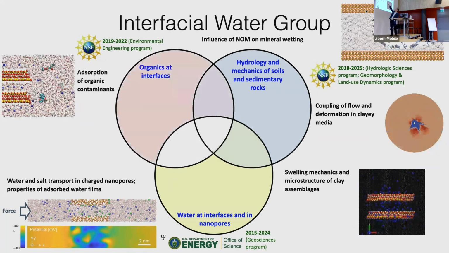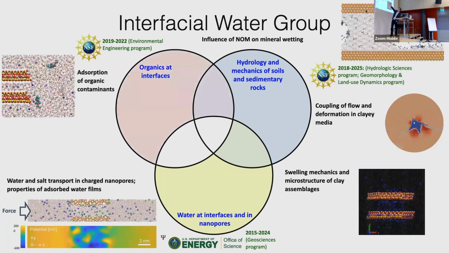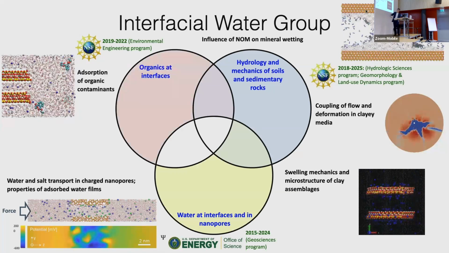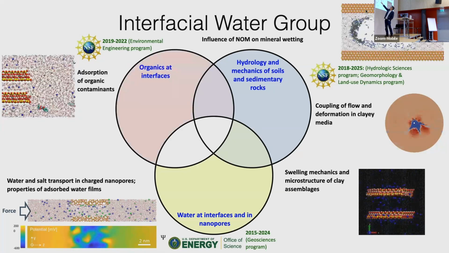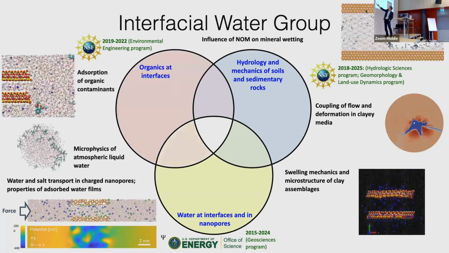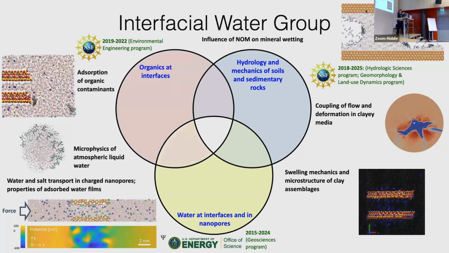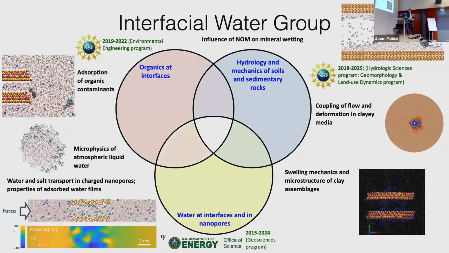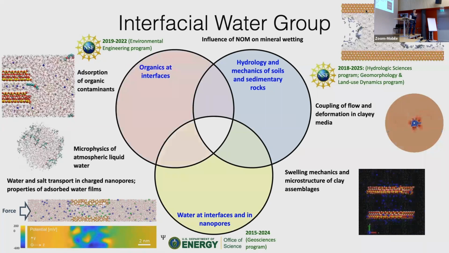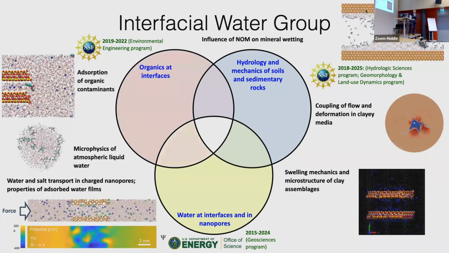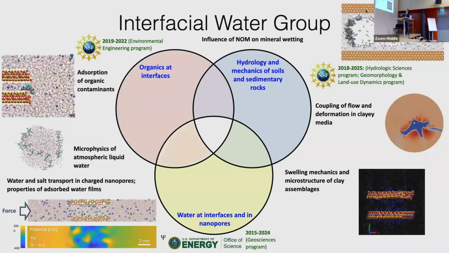Organics at interfaces, particularly what I'm going to show you today, is adsorption of organic contaminants on mineral surfaces and also at water-air interfaces. And at the intersection of more nanoscale stuff and these organics, we've been developing work on understanding tiny water droplets or mixtures of water and organic matter that are critical to the nucleation of secondary organic aerosols in the atmosphere.